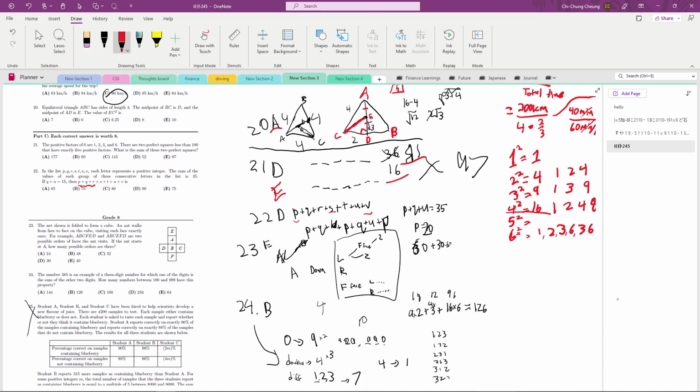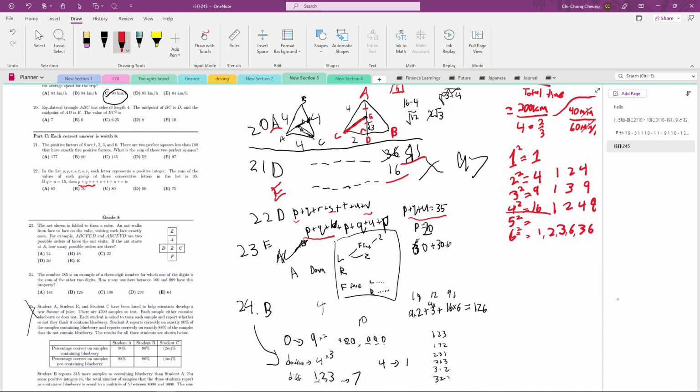If we just take this, P plus Q plus U has to be 35 because they're consecutive. Q plus U is 15, so P is 20.